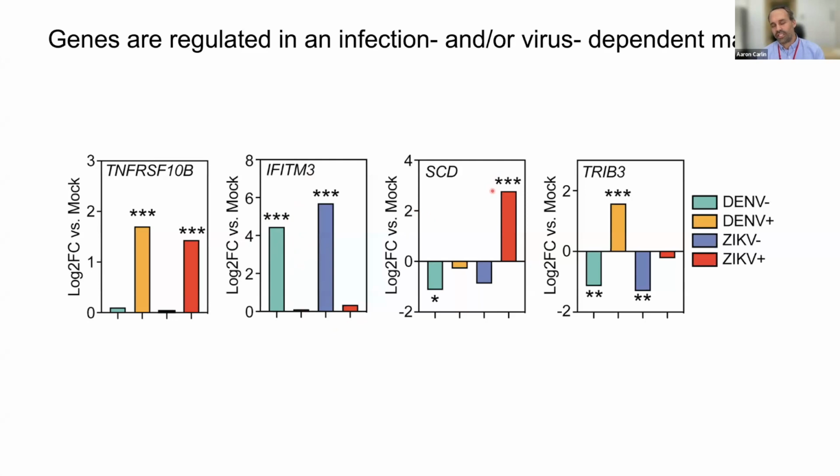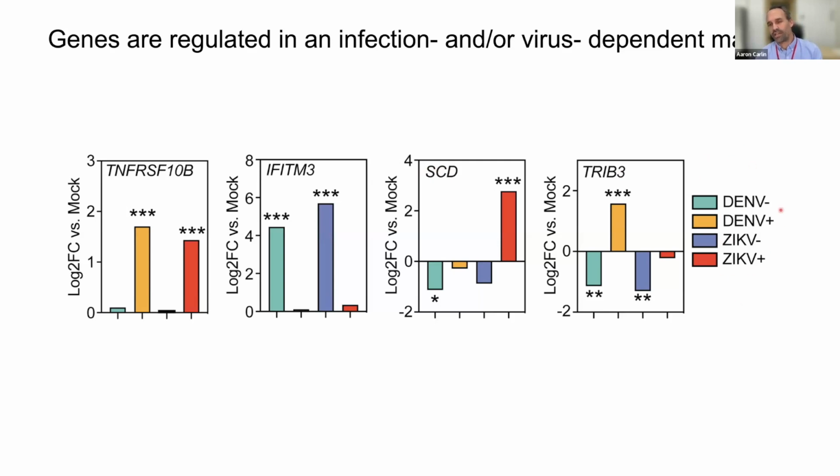Whereas SCD, which is involved in fatty acid biosynthesis, is upregulated in a virus-specific and infection-specific manner, only in Zika virus positive cells. And TRIB3 is upregulated, again, in a virus-specific, infection-specific manner, so only in dengue virus, and TRIB3 is involved in ER stress. This allows us to start understanding how cells are responding to these viruses and how these viruses may be manipulating those signals.